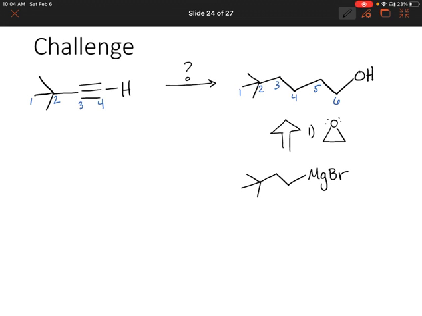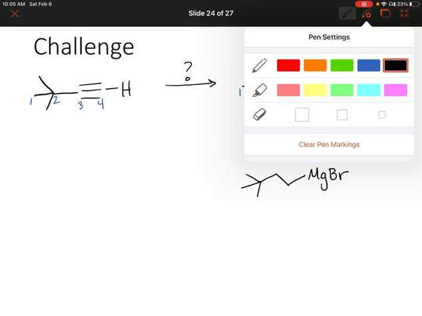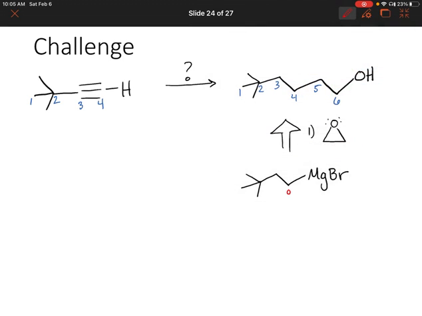So remember from before, we talked about how with a Grignard reagent adding to an epoxide, you could increase the length of your carbon chain. Here, the carbon in our Grignard reagent is negatively charged, and it can attack one of the carbons in our simple epoxide, and that will open the ring.